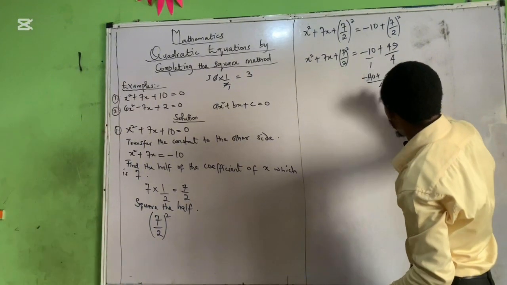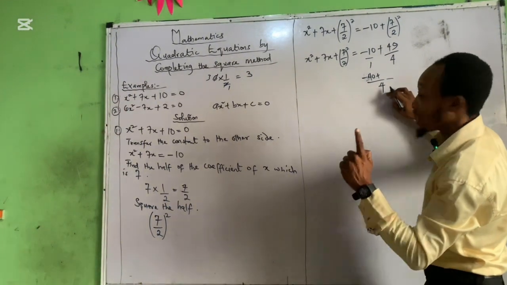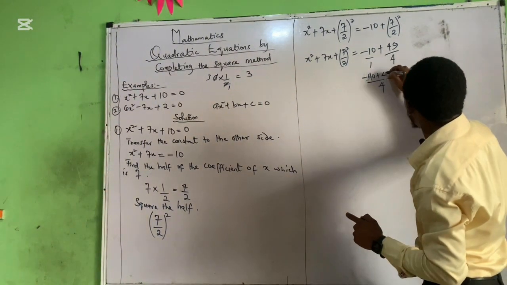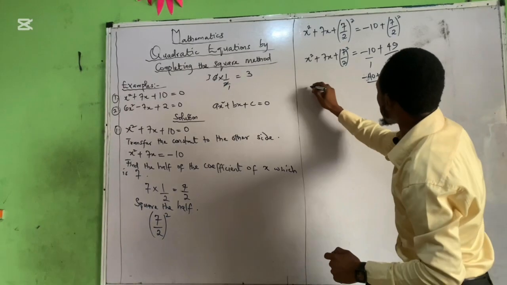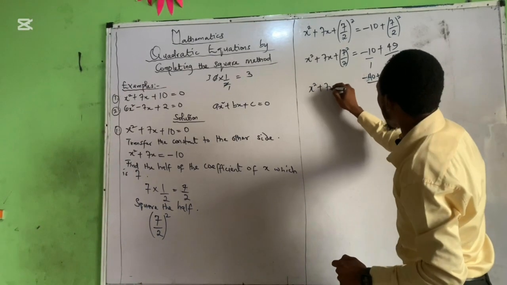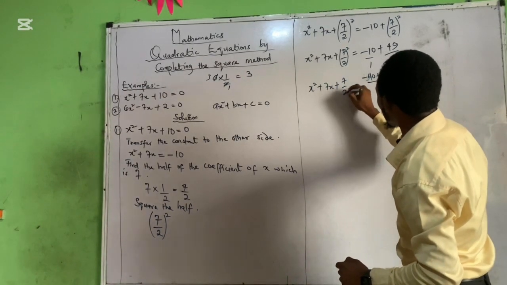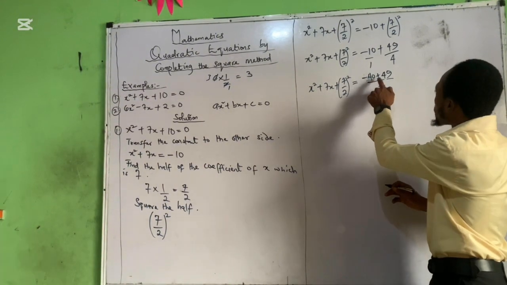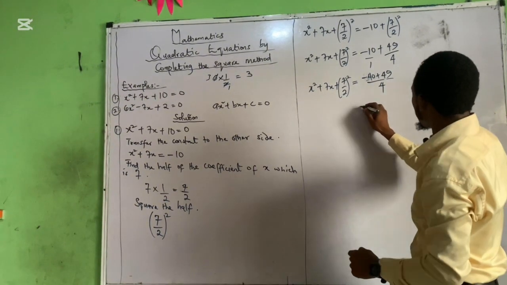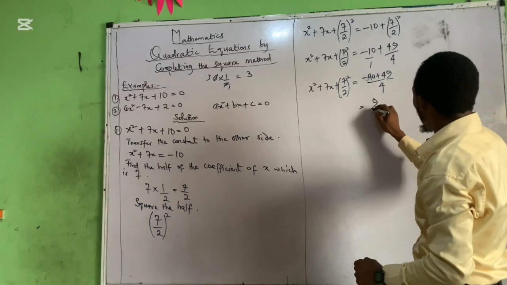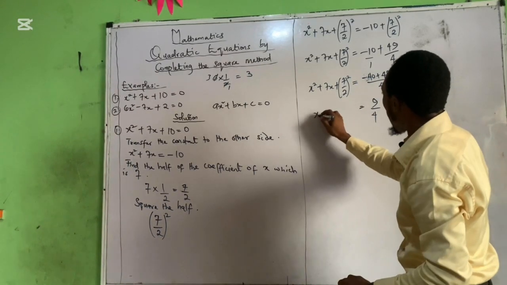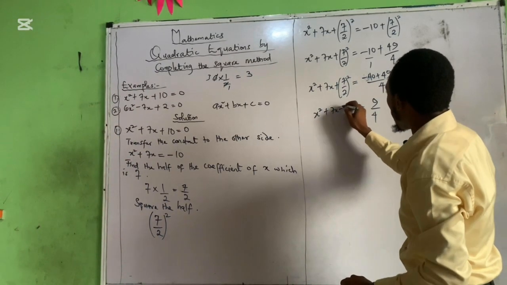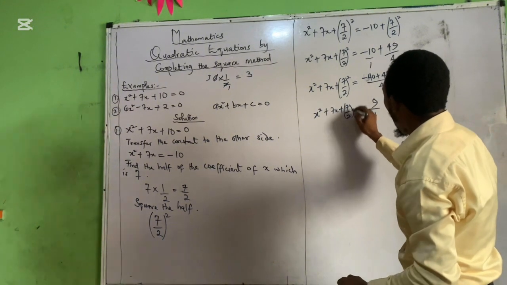Minus 40 plus 4 into 4 is 1. 1 times 49 is 49. Then bring down this one, we have x squared plus 7x plus 7 over 2 all squared equals this. And minus 40 plus 49 is equal to 9 over 4.